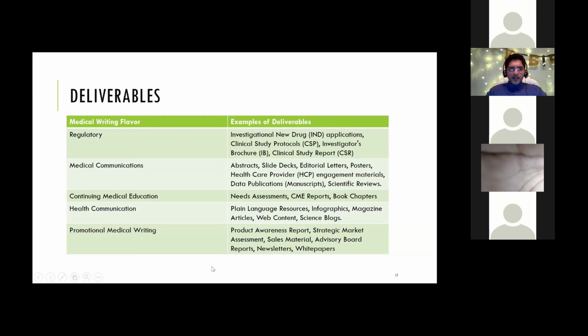One of the points that I'd like to emphasize is that it's possible to transition from one area of medical writing to another. I began within health communication and then moved into regulatory for about 3 years. And right now I'm in the medical communication space.